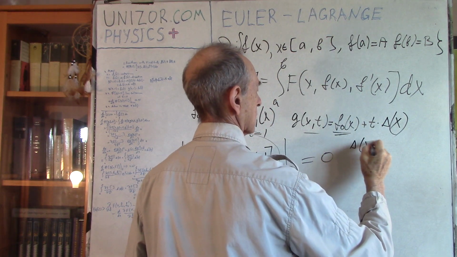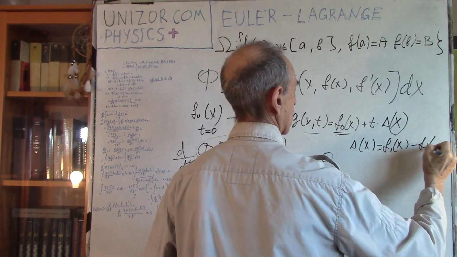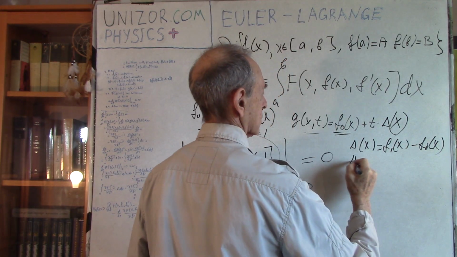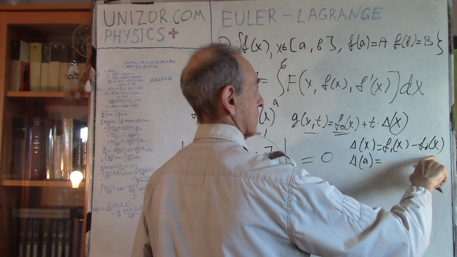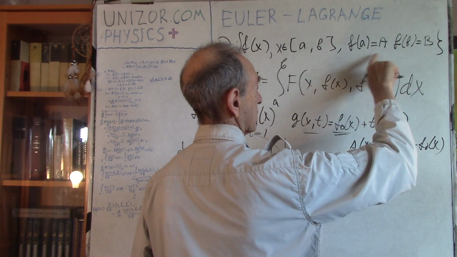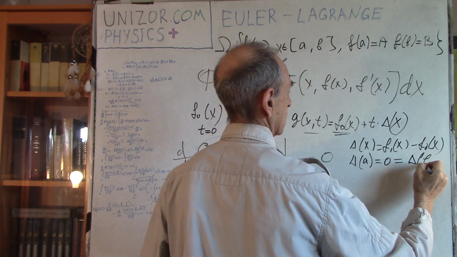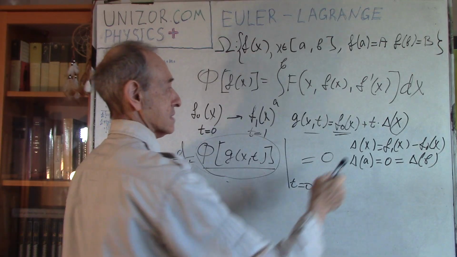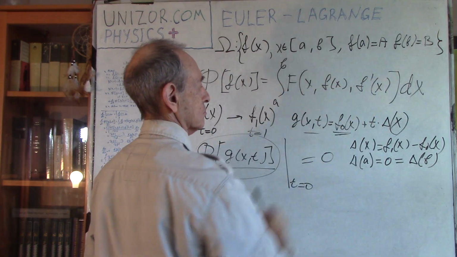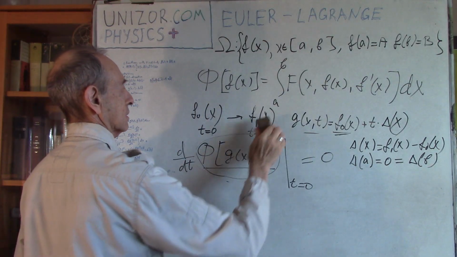So delta of x is f1 of x minus f0 of x. And what's important, delta of a is equal to f1 of a minus f0 of a, but both of them are equal to the same value, so this is 0, and so is delta of b. So delta is an increment, basically, which has 0 on both ends. All right, fine. So we've got that.